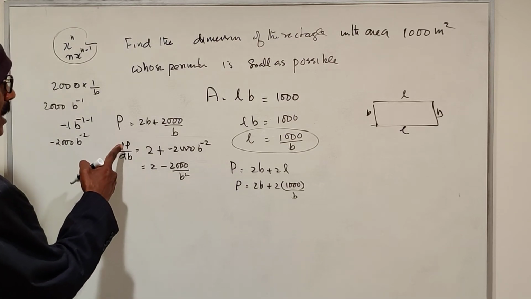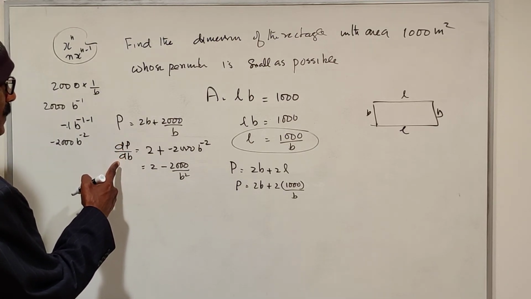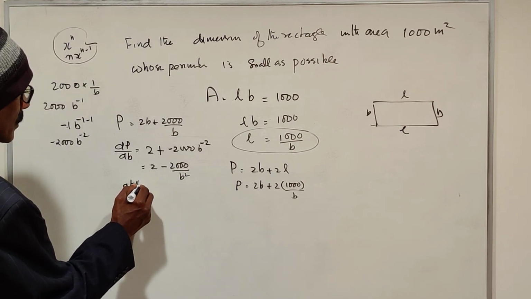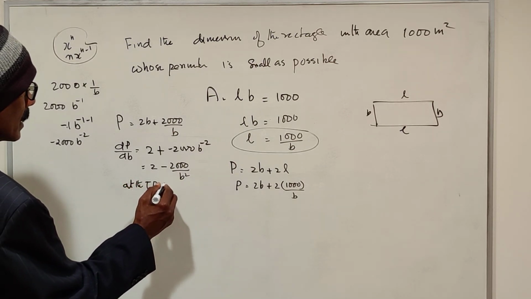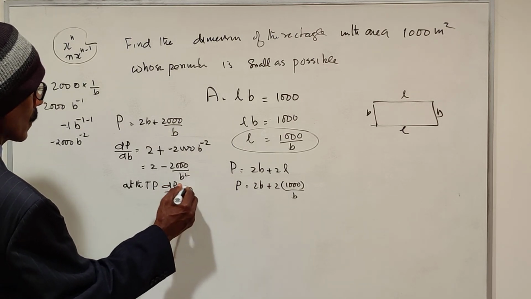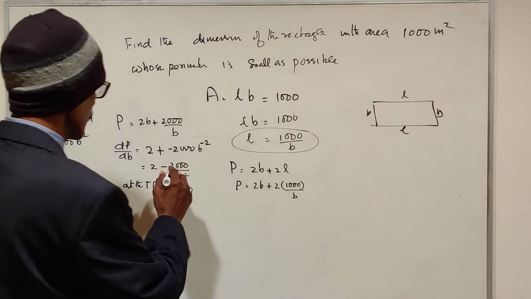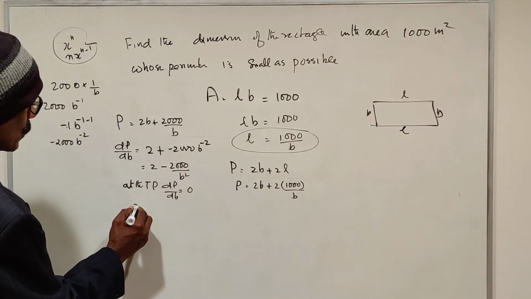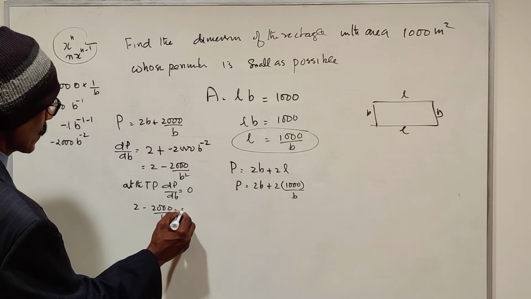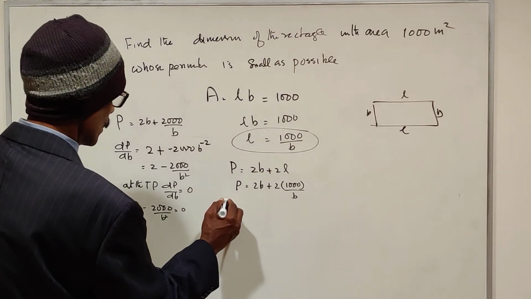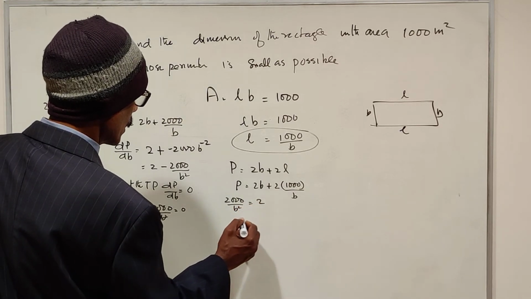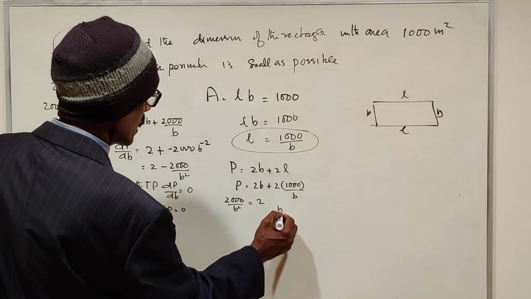At the turning point, dP by dB equals 0. So 2 minus 2000 divided by B square equals 0. That is 2000 divided by B square equals 2. So B square equals 1000.